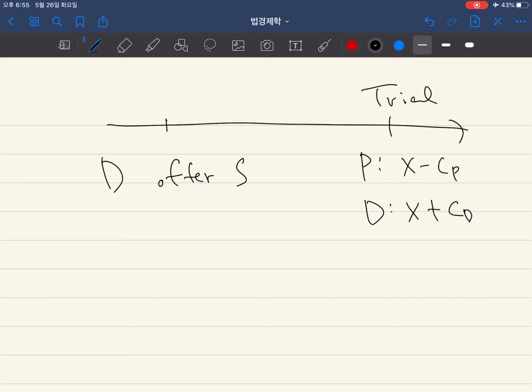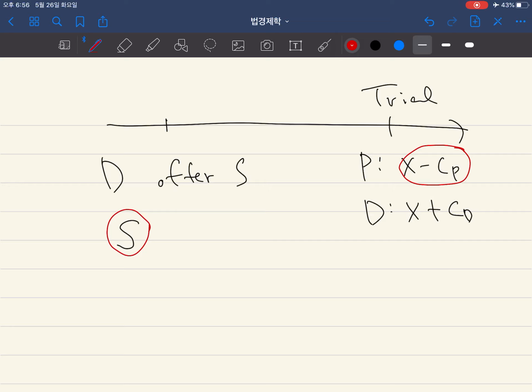So in this case, how much would defendant offer to plaintiff? So suppose defendant offers S dollars to plaintiff, then plaintiff is going to compare S dollars and x minus cp dollars.